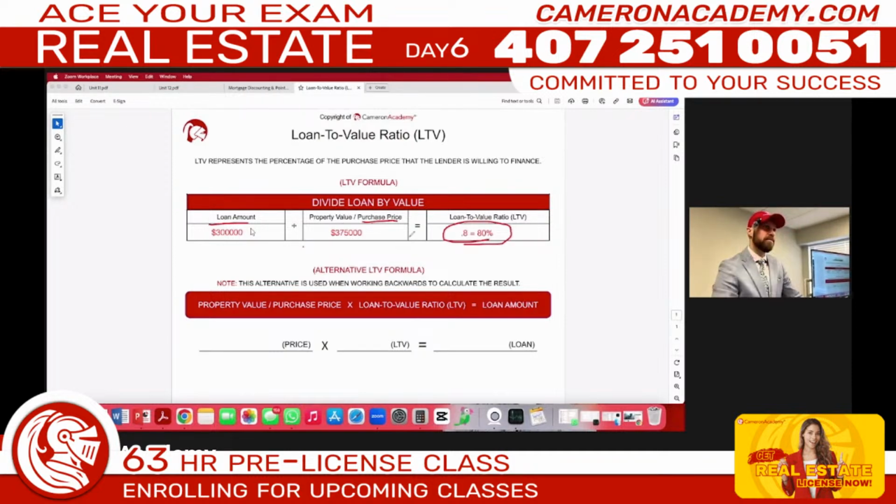Purchase price or value. That's it. That means if the lender says, based on your qualifications, you want to buy the house that's $375,000, we're willing to give you an 80% LTV. That means they're willing to finance 80%. That means you have to come out of pocket for what percent? A 20% down payment. You understand how it works?